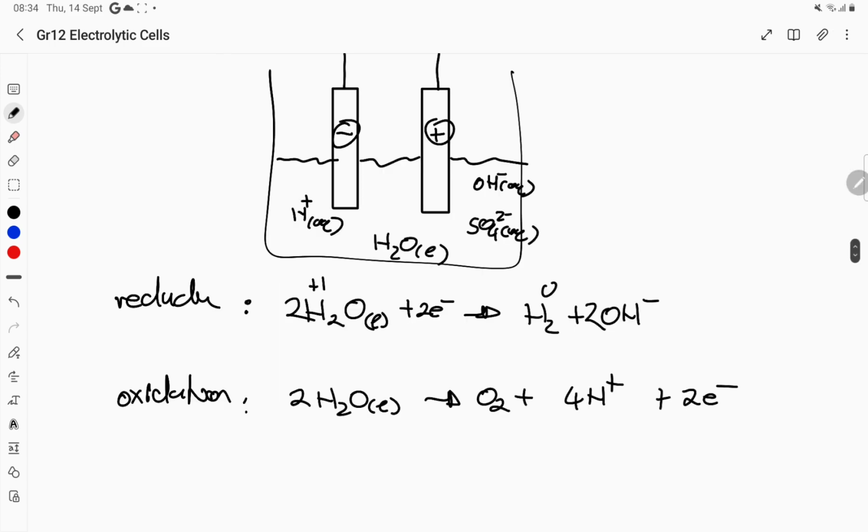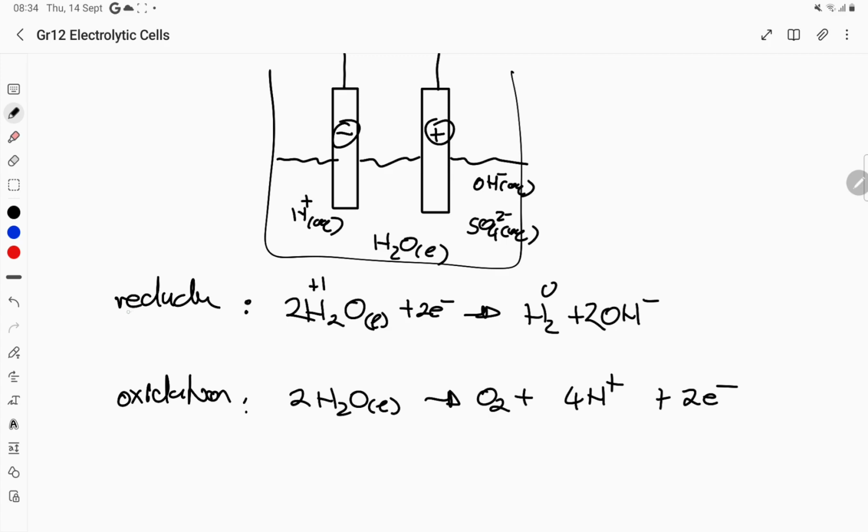So what happens is reduction, where water is reduced to H2 and 2OH minus, and the oxidation reaction would be water being oxidized to oxygen and 4 hydrogen ions, plus electrons.